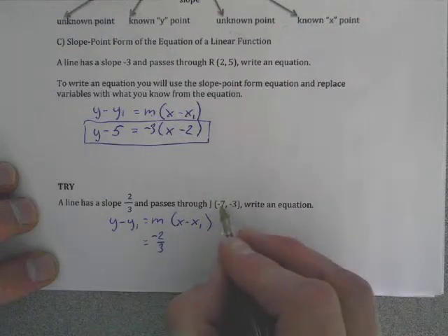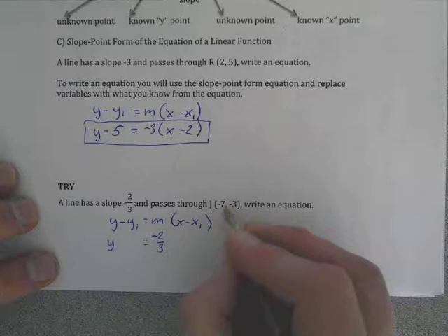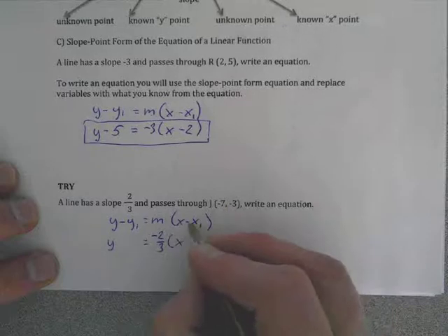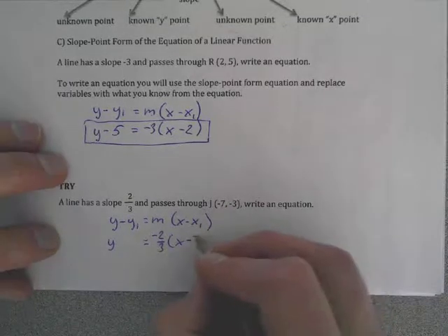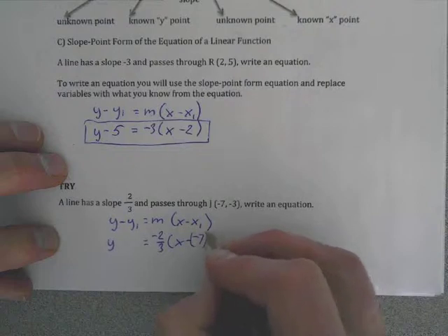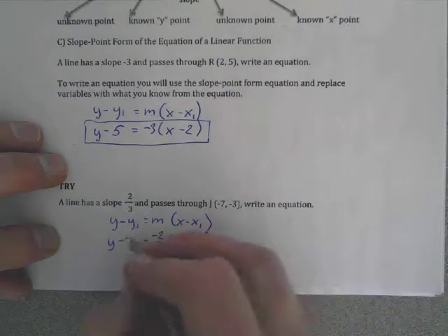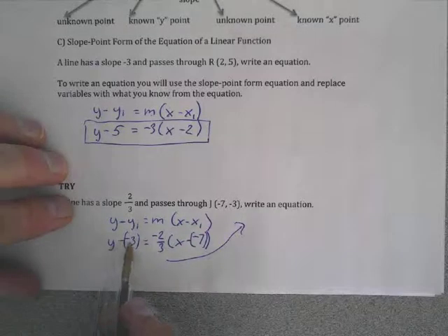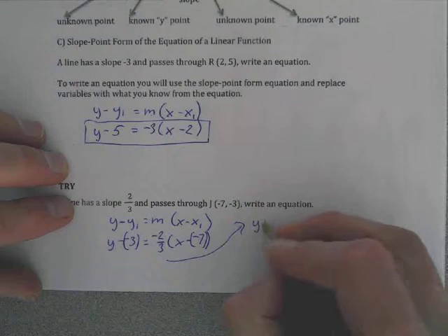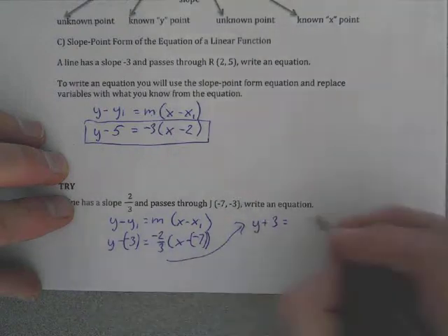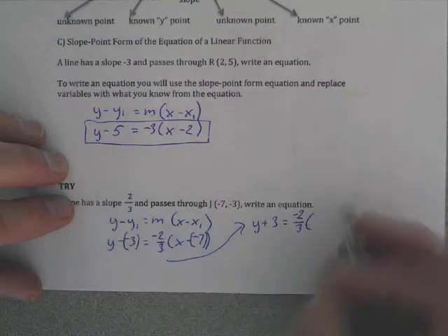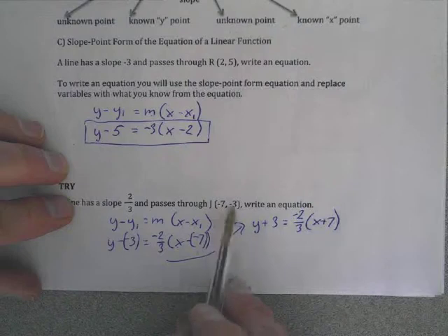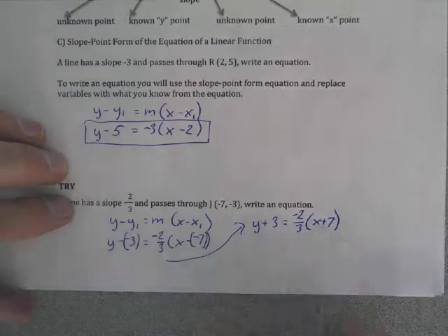It goes through points with x of -7, so it'll look like this, and that one will look like this. So now I got y minus -3, which means it's y plus 3. The slope does not change. And I got x minus -7, means it's x plus 7. So be careful when you plug in negative signs, because they will switch the operation.